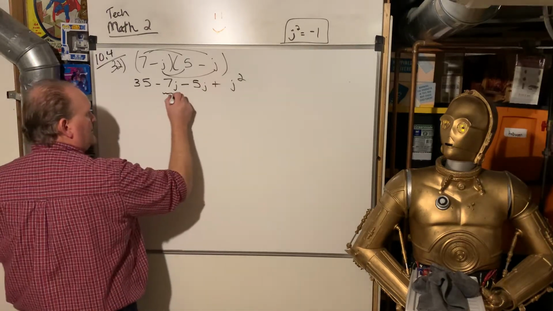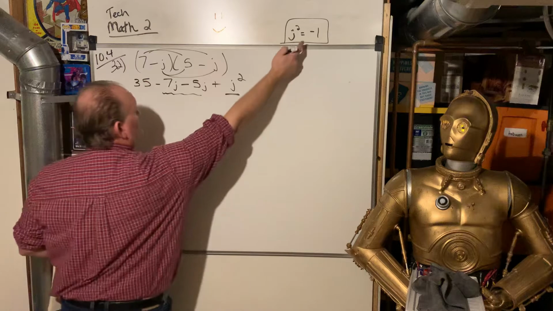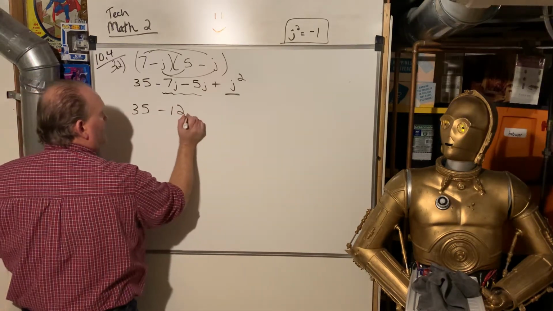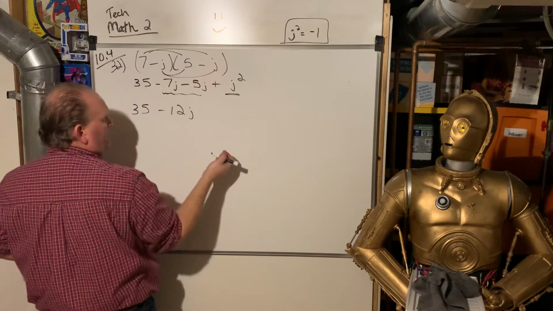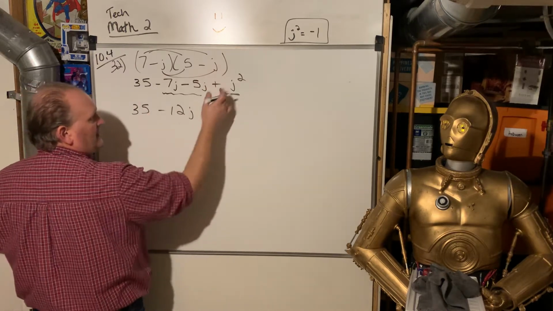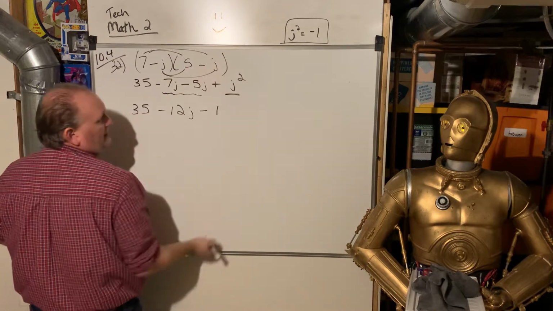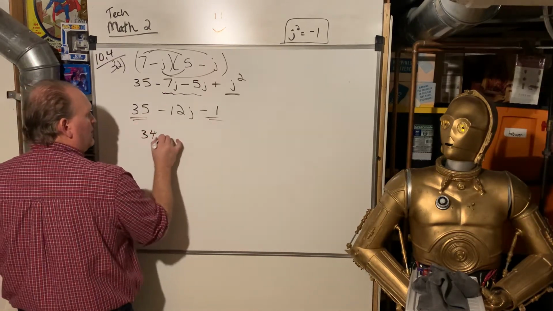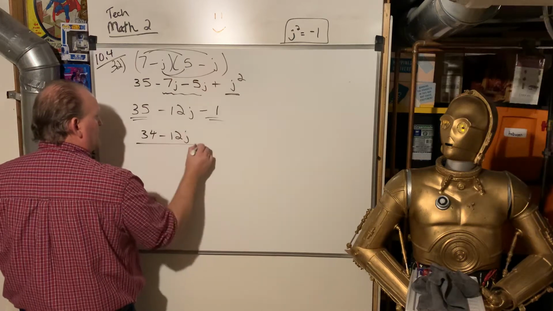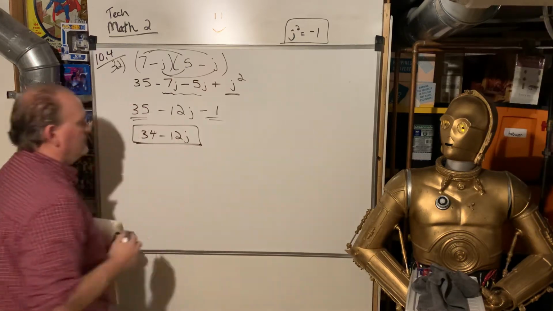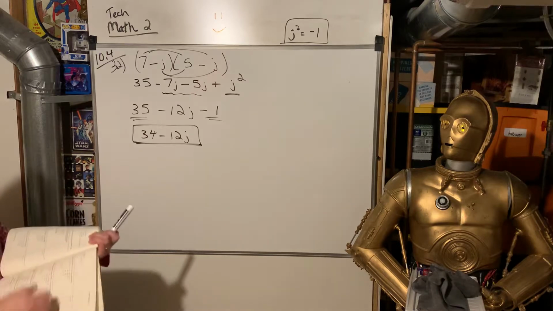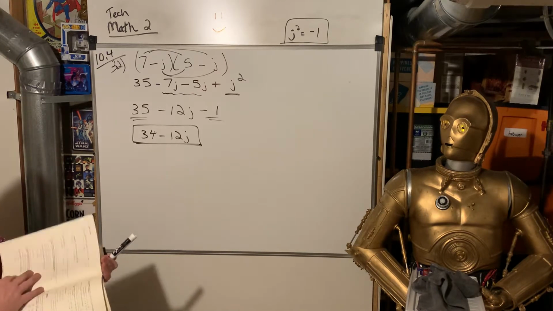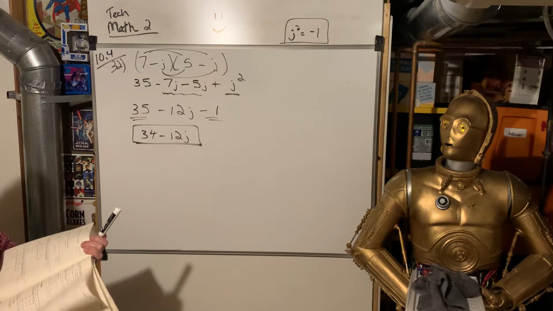And so we can combine like terms, but also j squared is negative 1. So we get 35 minus 12j, because those are both negative numbers, so we combine them, keep it negative, and then minus 1. And now I can put that negative 1 with the 35. So 34 minus 12j is the answer there. All right. Easy peasy lemon squeezy. Again, very much review.